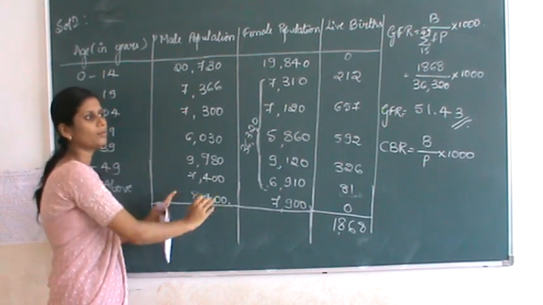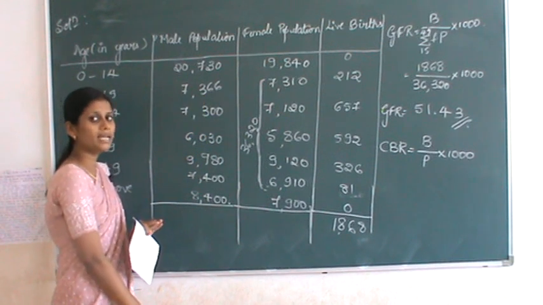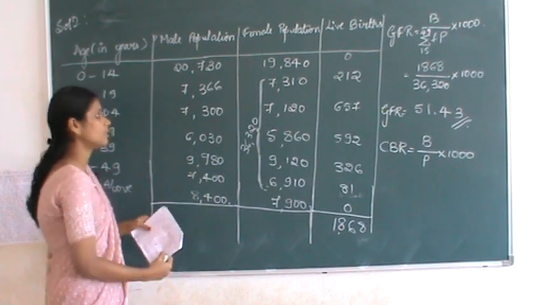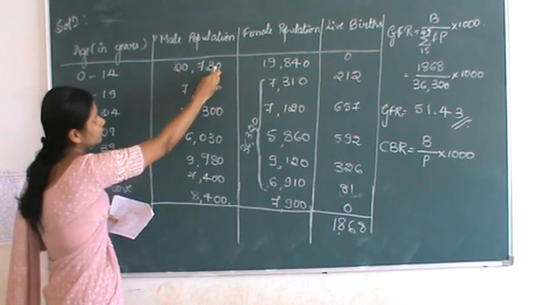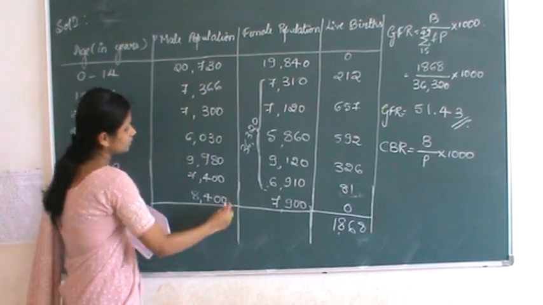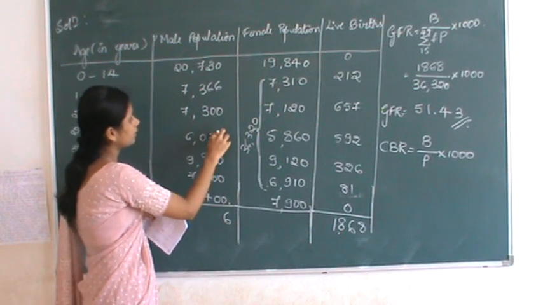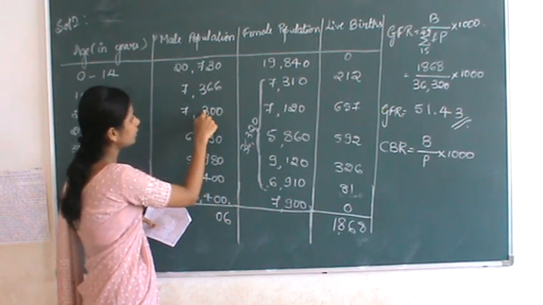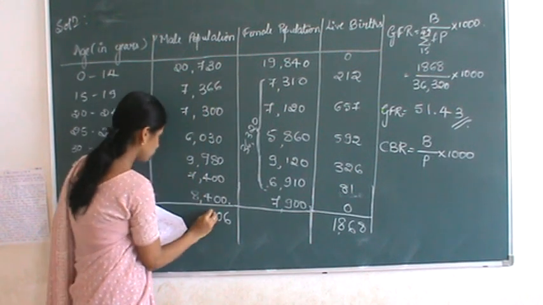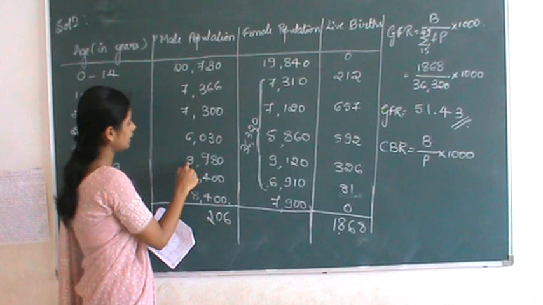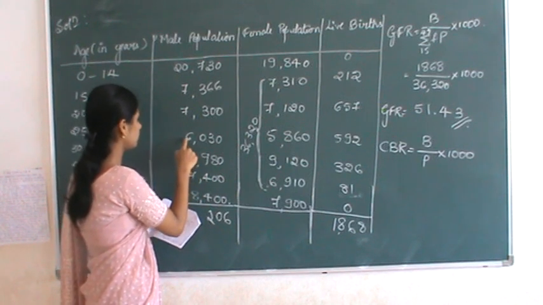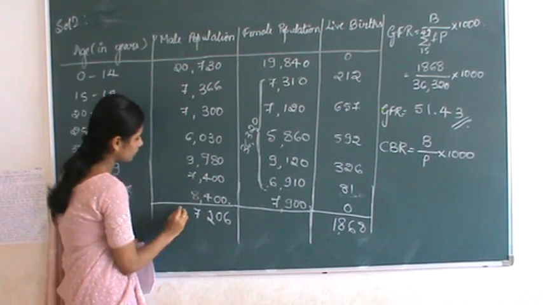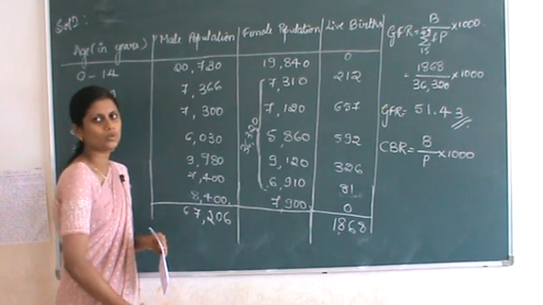We only total all the male population and all the female population, and then add both and write it in place of P. The male population total is 67,206.